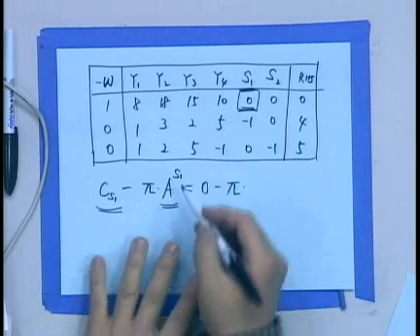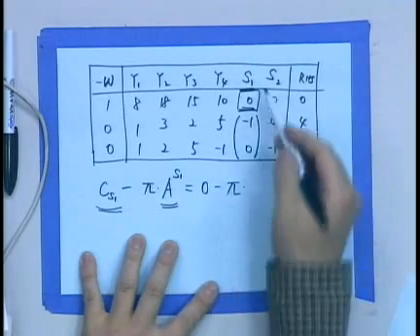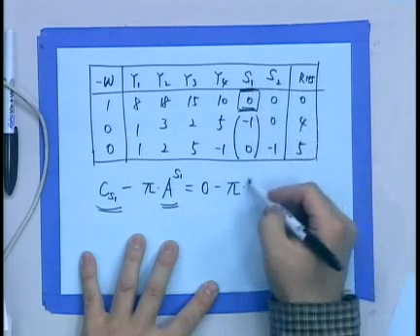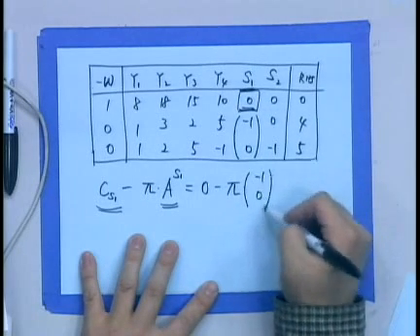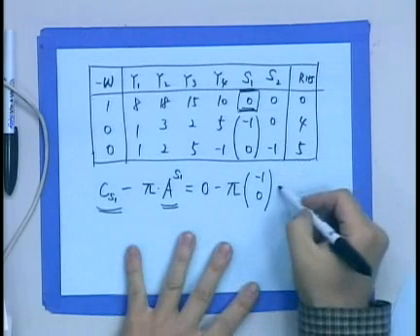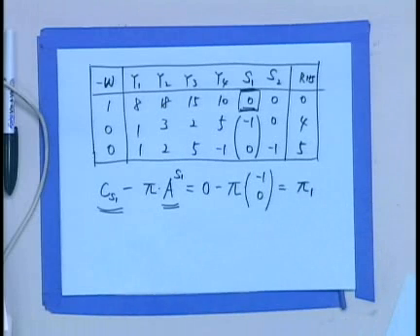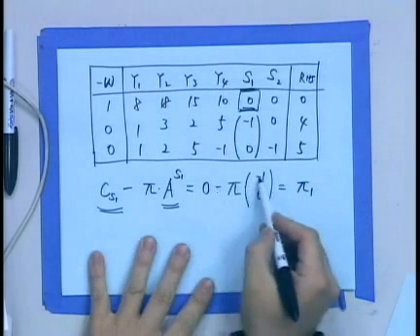A superscript S1 is the constraint coefficient for the S1 variable, negative 1, 0. So this value becomes pi 1. Okay? Because this negative, negative becomes positive, right?